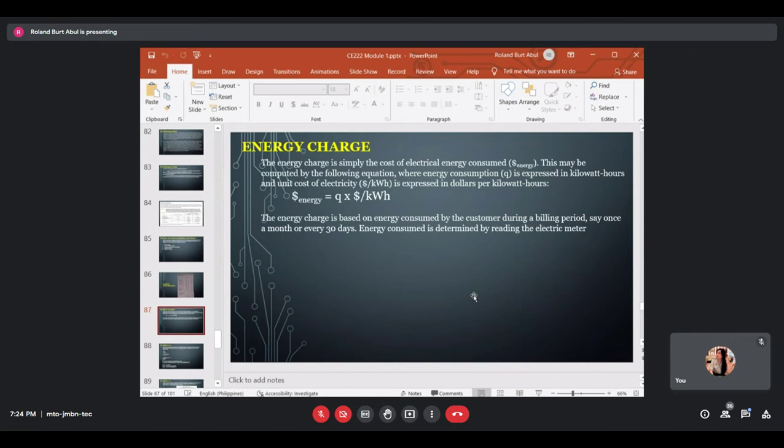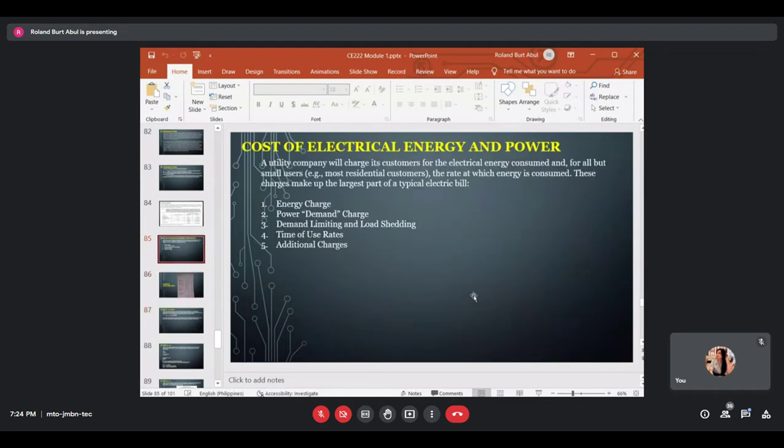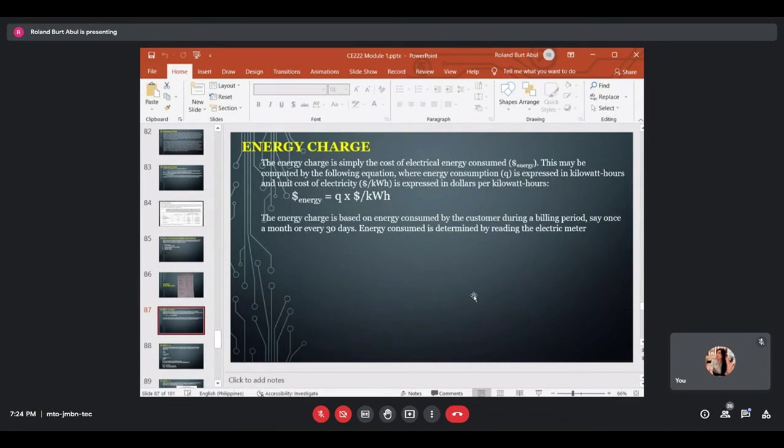So this here, guys, is the summary of our formulas for DC power, AC power, apparent power, and power factor. In DC power, guys, our power is equal to voltage times current.